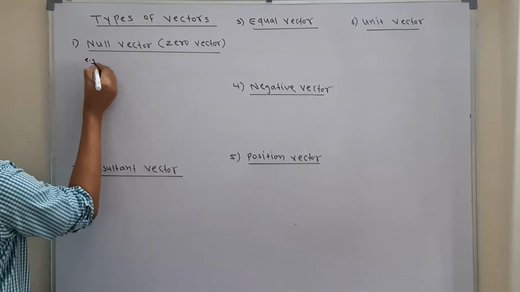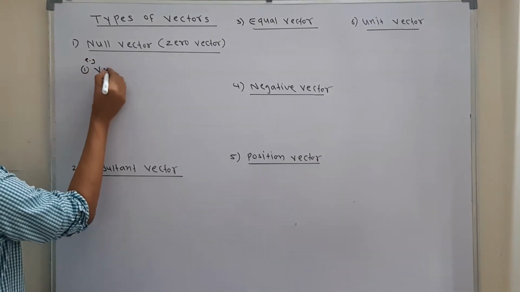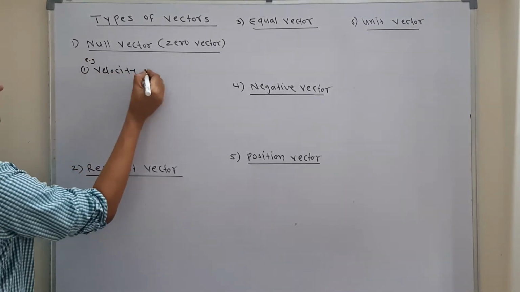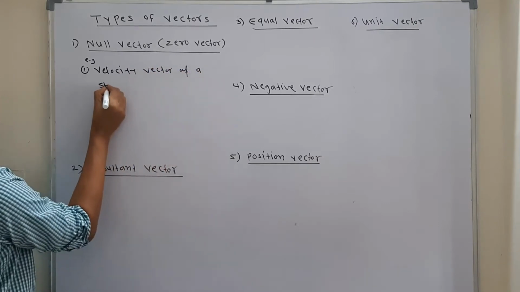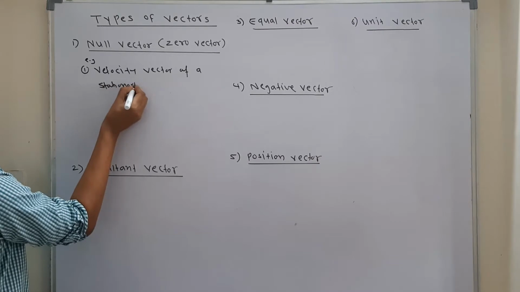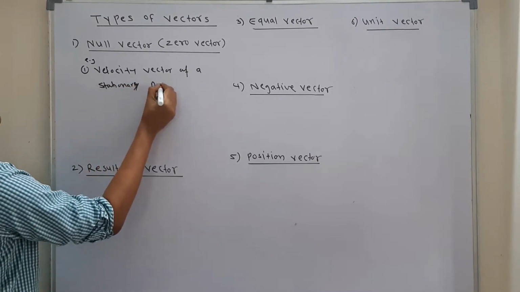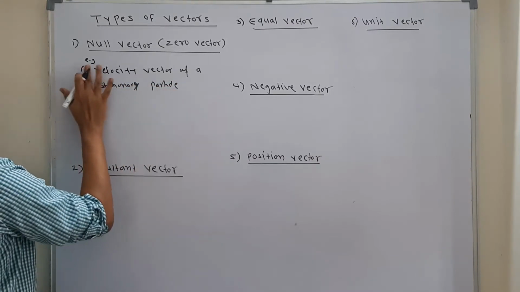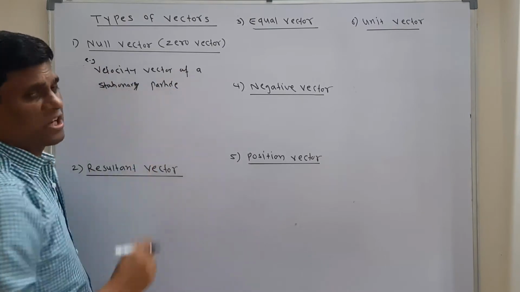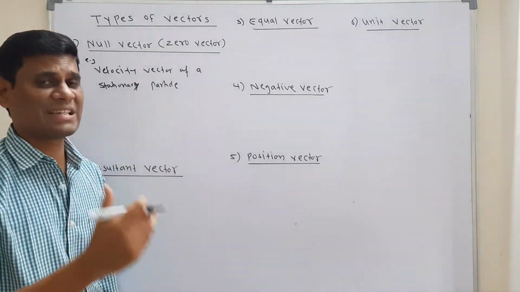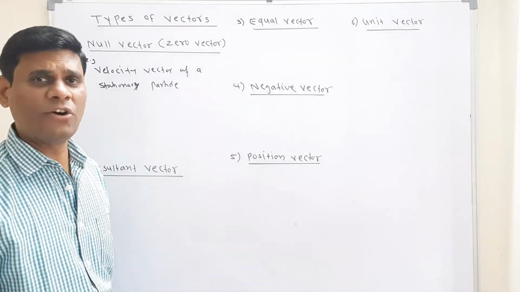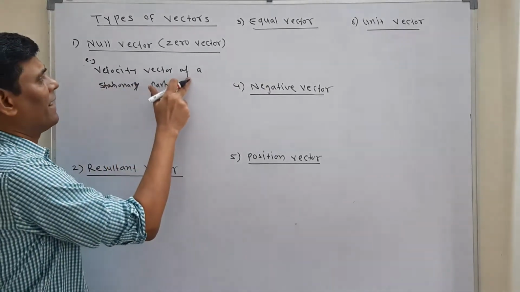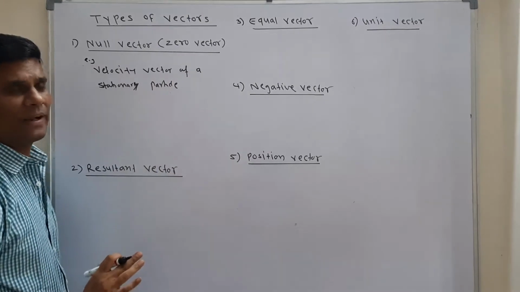Example, we can say the velocity vector of a stationary particle. When I say the particle is stationary, that means its velocity is 0. So magnitude is 0. So that vector, the velocity vector, we can say is a null vector.